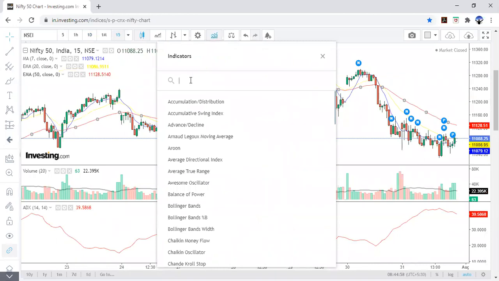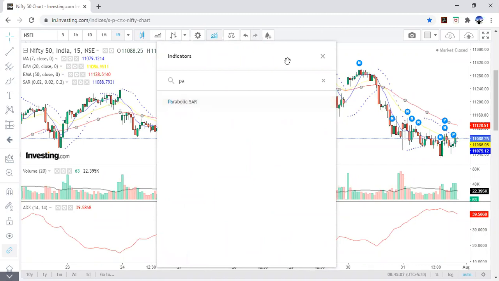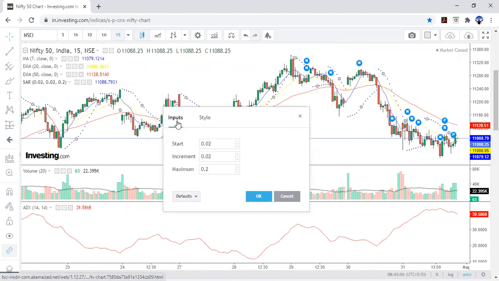And entering here the parabolic SAR. The period of it is generally taken as 0.2 and maximum 0.2 because those are the defaults generally used, so we are with the trending market and we can get the best result.